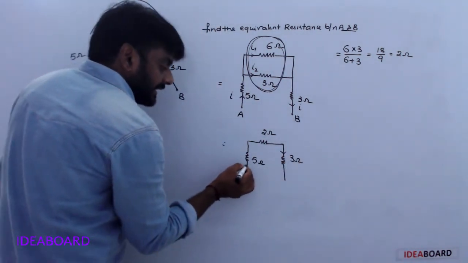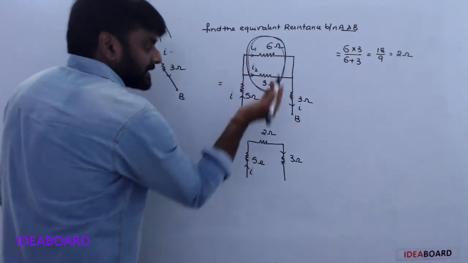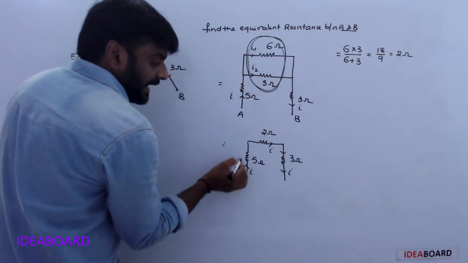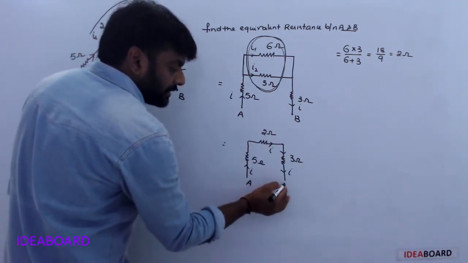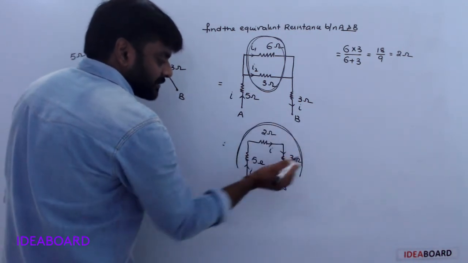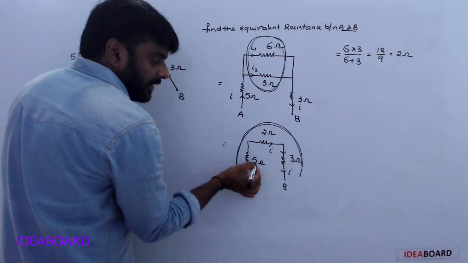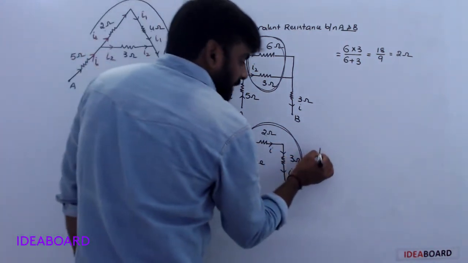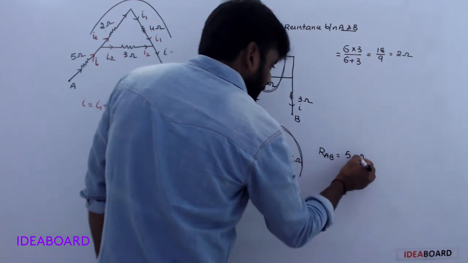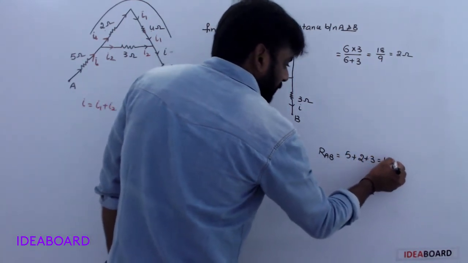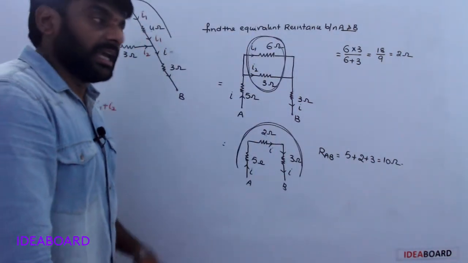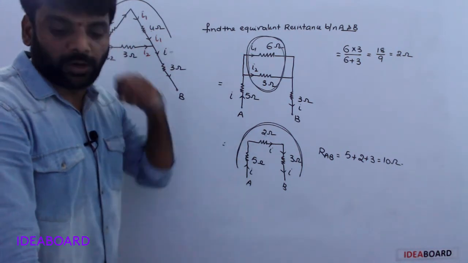See here current I, I1 plus I2 is the same I. Here passing current is also I. Same current is passing through these three resistors, which means series. 5 plus 2 plus 3, that means resistance of AB is 10 ohms. Effective resistance in this combination is 10 ohms. Okay.